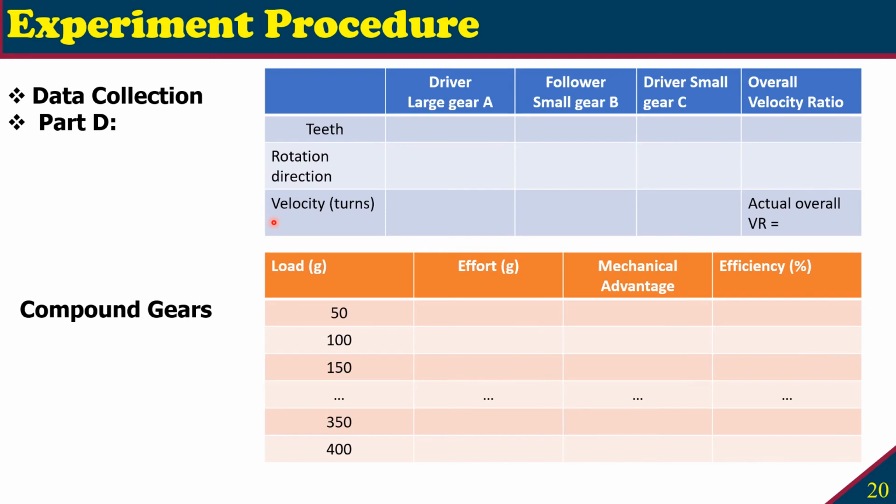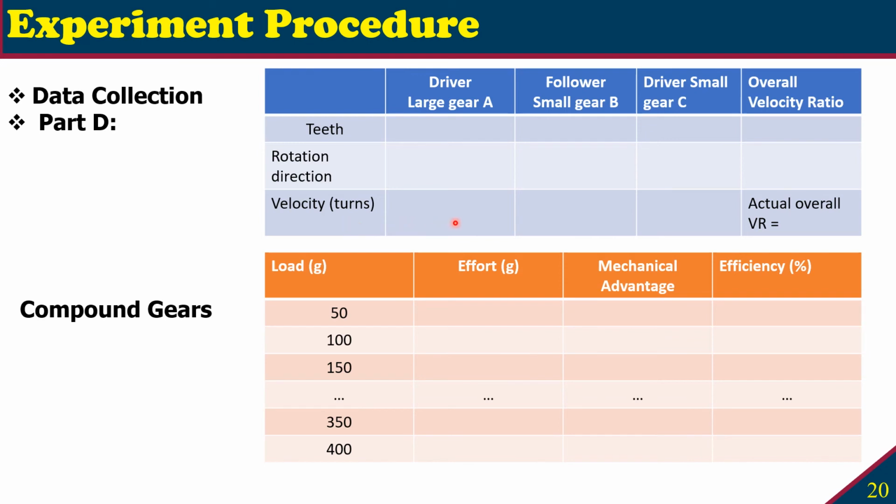So for our last and final setup, part D, where so far we have used simple gear train, part D will be compound gear train. The data collection are same as the previous one. Additional thing is that we're gonna count the velocity turns.